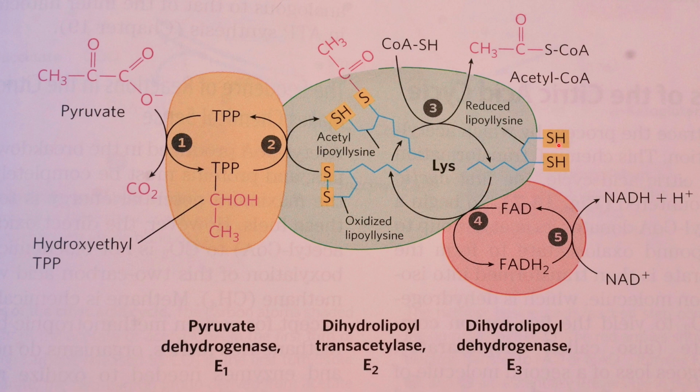FAD picks up these protons, is reduced to FADH2, and then the NAD picks up these protons right here. So this is a reaction that occurs in the first reaction of pyruvate going to acetyl-CoA.